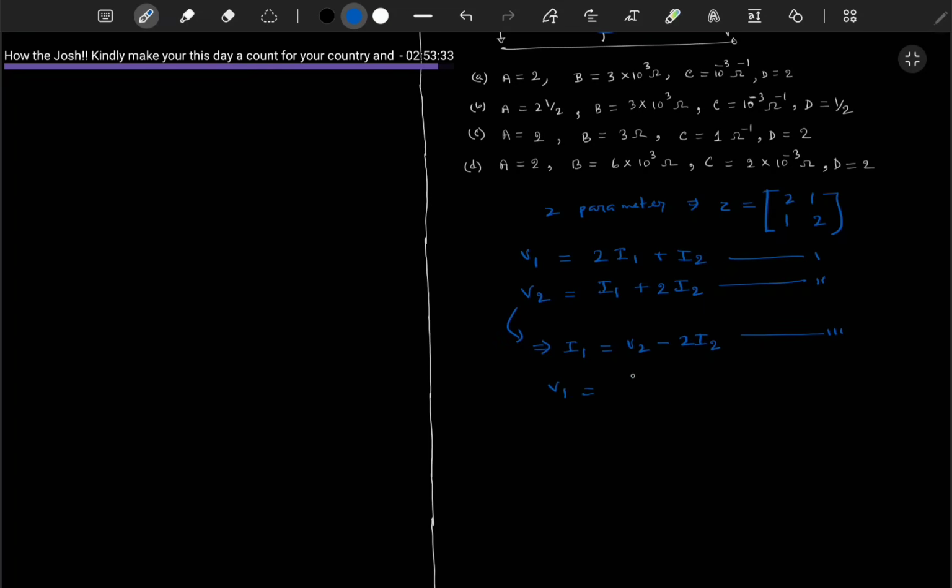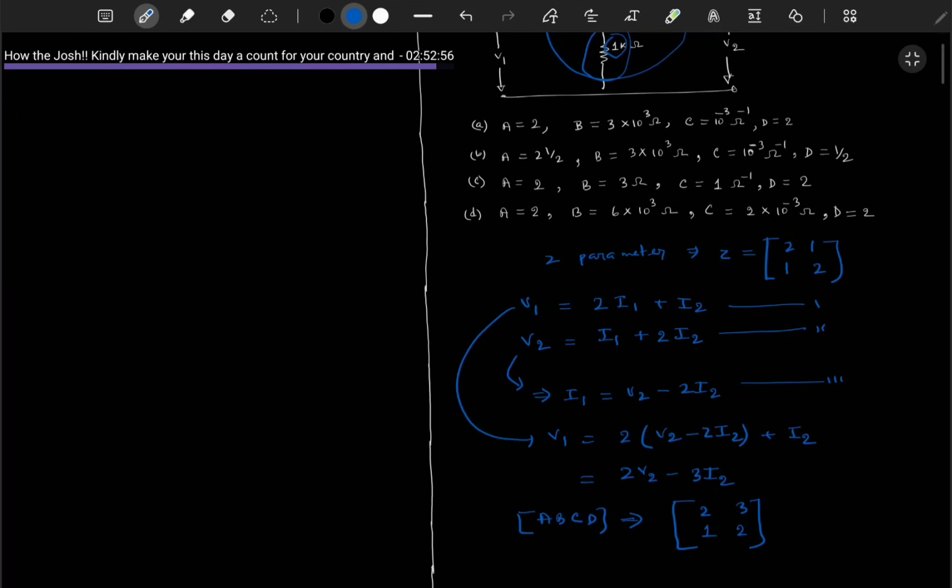So V1 equal to 2 into V2 minus 2I2 plus I2, equal to 2V2 minus 3I2. So the ABCD parameter will be first this 2 and 3, then this 1 and 2. Okay, so I think it is matching with option C.